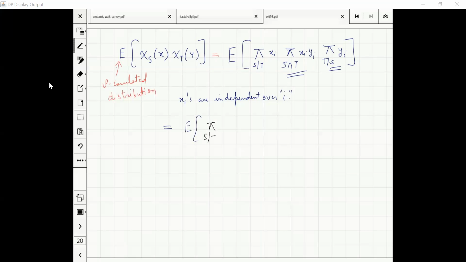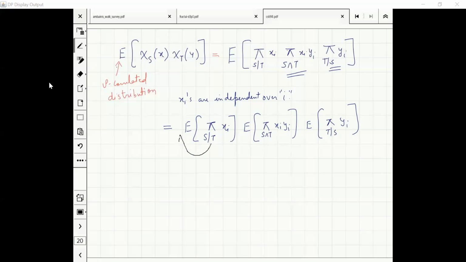This leads to the following, and actually I don't even have to write the product symbol inside the expectation. I can even take it outside.